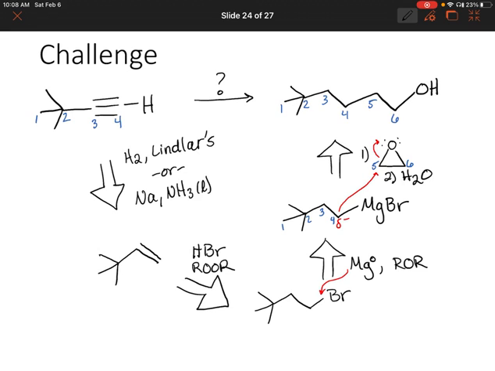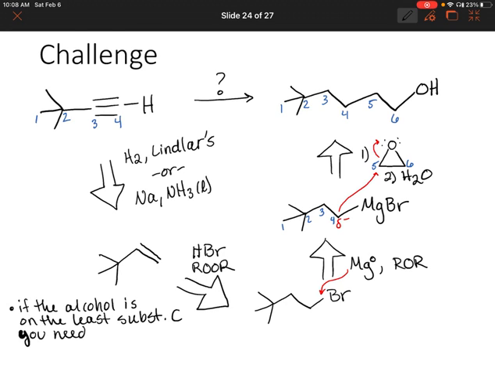All right, so again, the really key step here was that last step where we added the Grignard reagent to the epoxide. So again, if the alcohol in your product is on the least substituted carbon, you need an epoxide. Now, what if the alcohol was somewhere in the middle of our molecule?